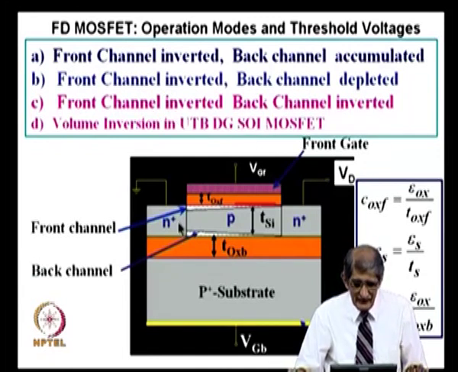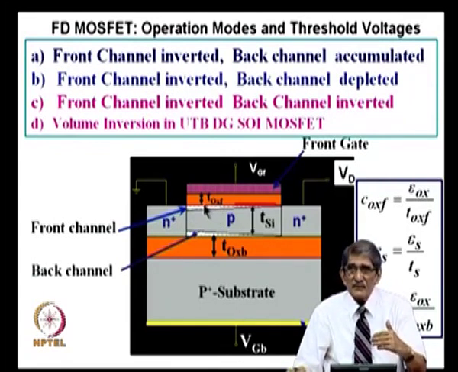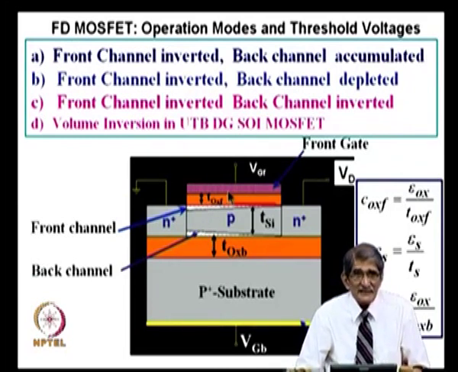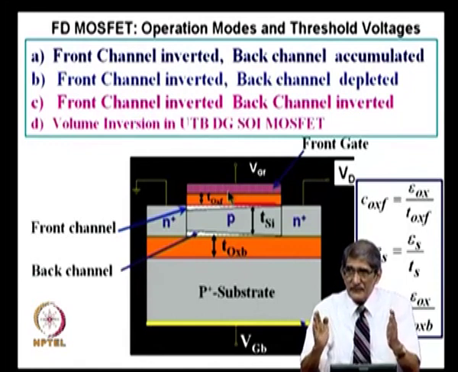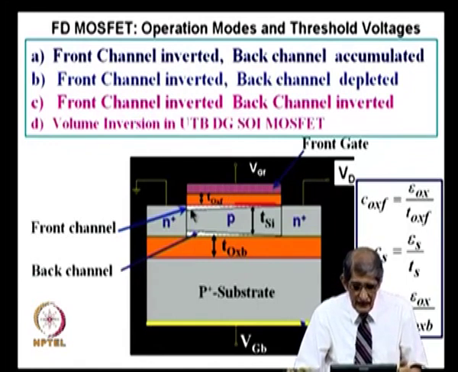Now, you can see when you have both channels inverted, you can draw a line at the center. You can say half of the top portion of the silicon and the depletion layer there belongs to the front gate. It is now shared between the two, both are inverted, and half of the layer below this middle line belongs to the back gate.